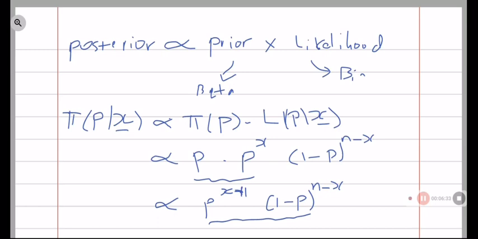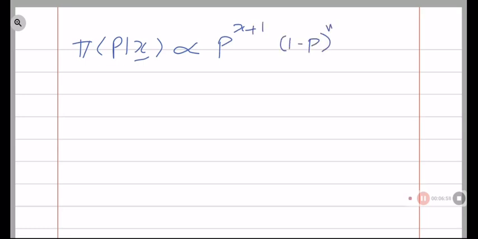So we can write the kernel density: pi of p given x is p to the x plus 1, and then 1 minus p to the power n minus x.